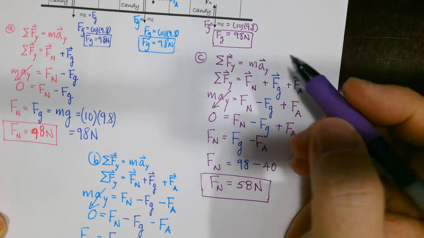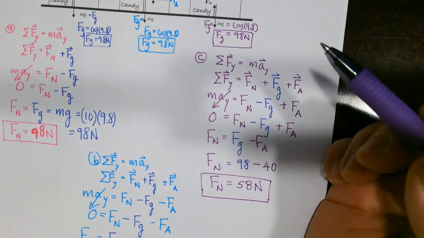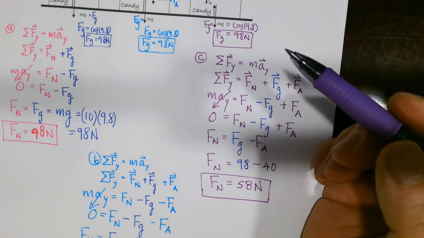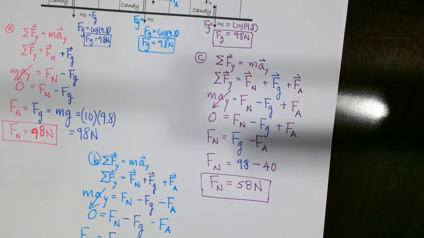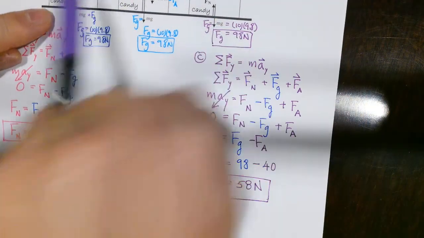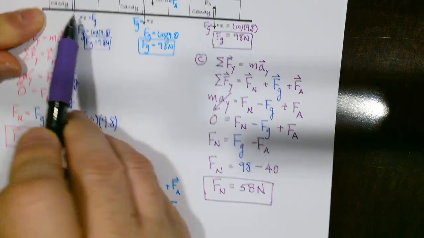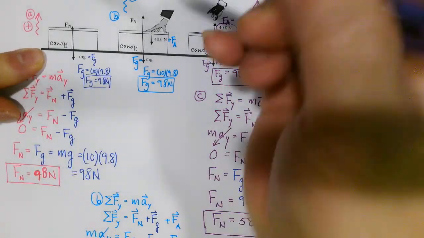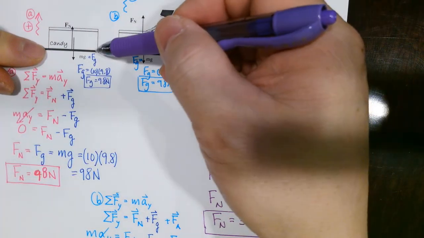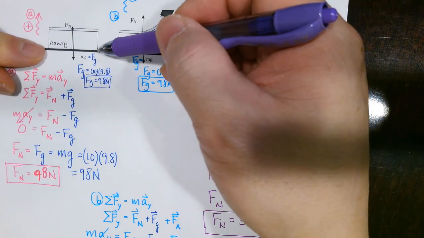So think about your normal force as what your bathroom scale would measure. Okay? Because if you were to place a bathroom scale right underneath this box of candy, and let's say this bathroom scale only measures in newtons.